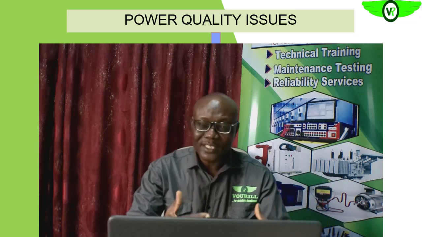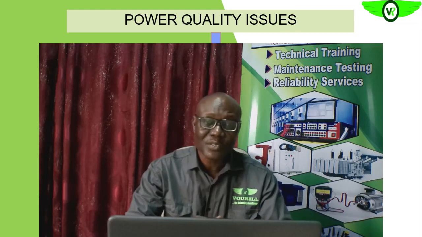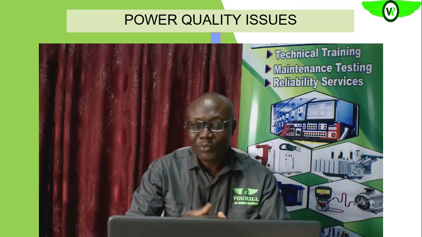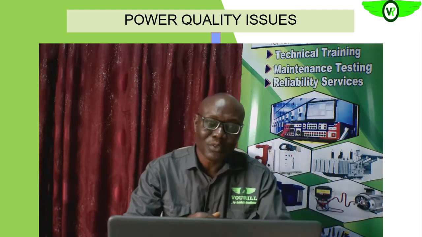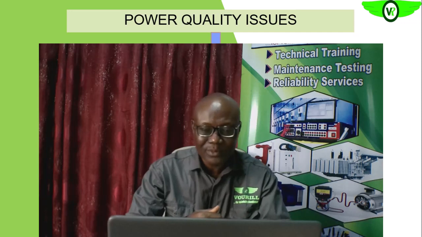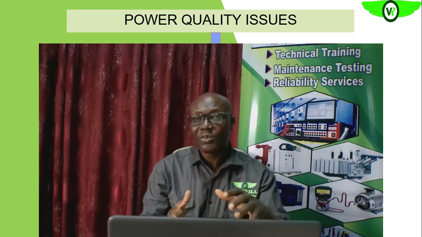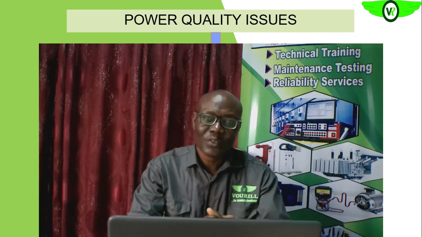You see that the motor will tend to want to run at a higher speed because of that increased voltage level, which may not be good for the end products in our system. So over voltage, apart from that too, also has the effect of stressing the insulation of the electric motor system.